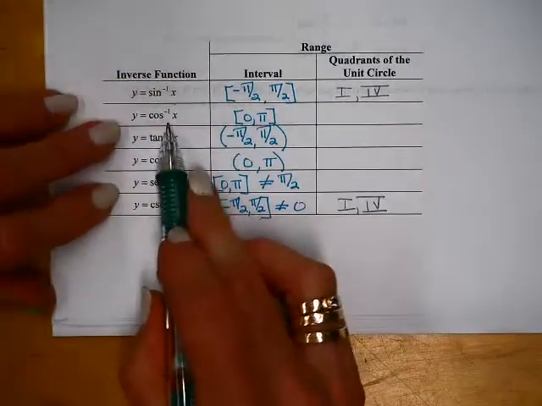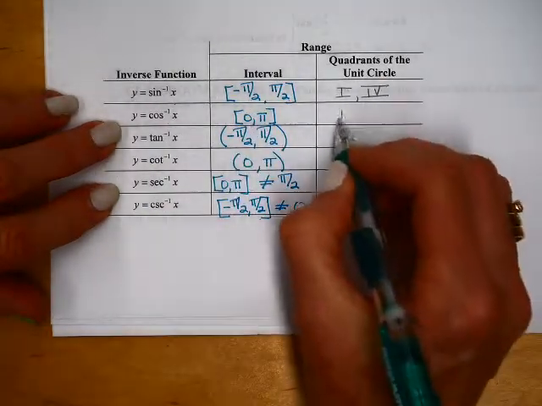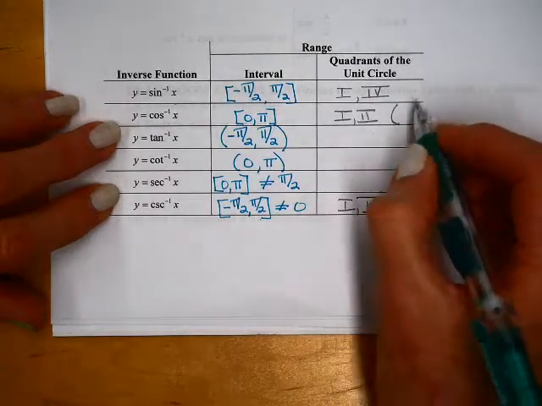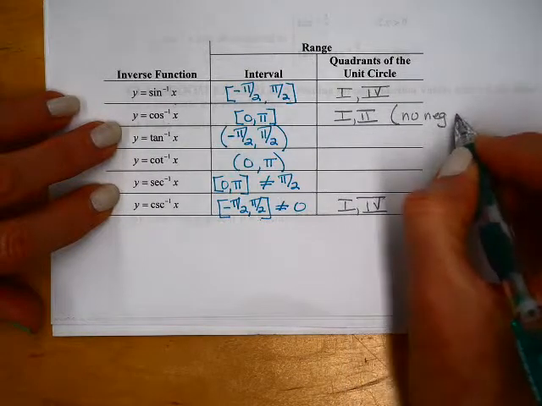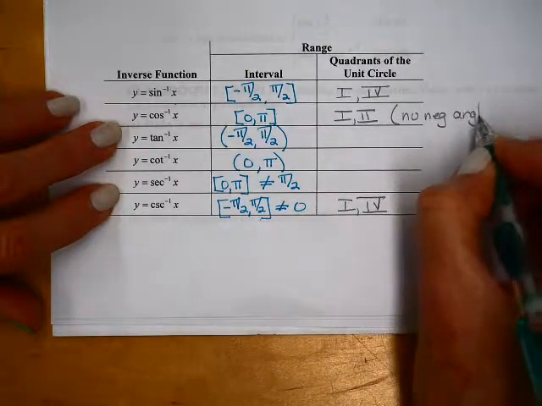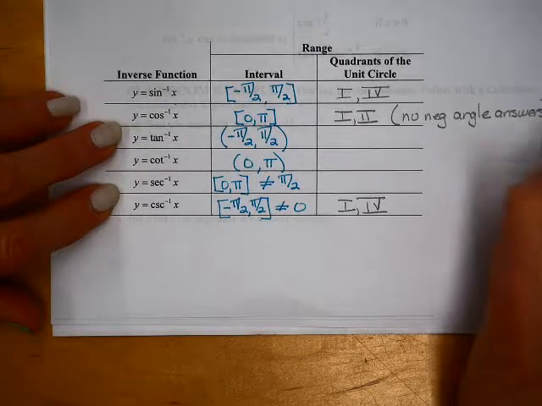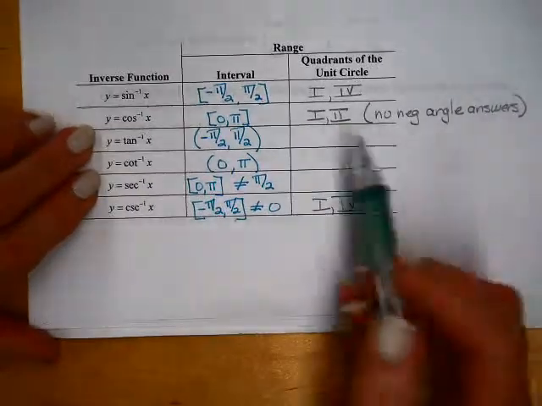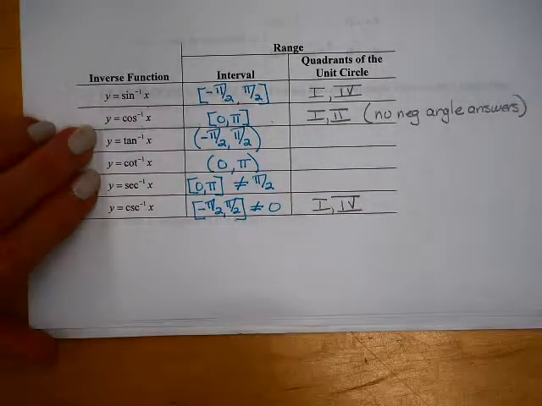All right, for the cosine, they restricted it to 0 to pi, which means it's in quadrant 1 or quadrant 2. Now you need to note there are no negative angle answers here for a cosine, because you're staying in the positive rotation, quadrant 1 or 2.